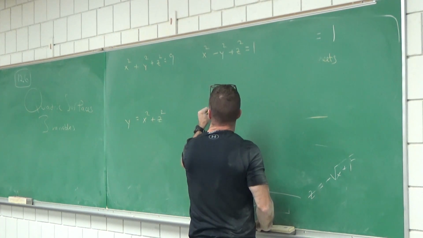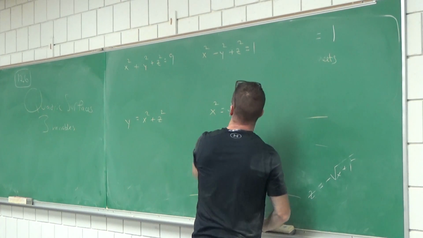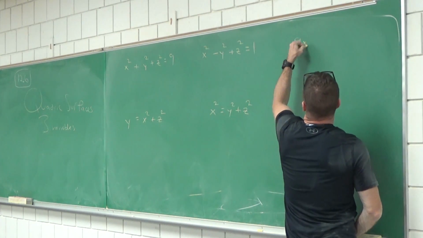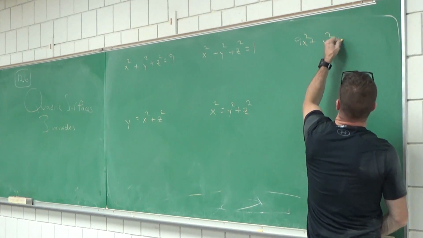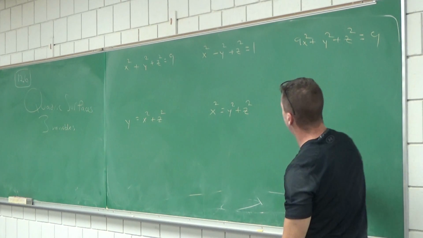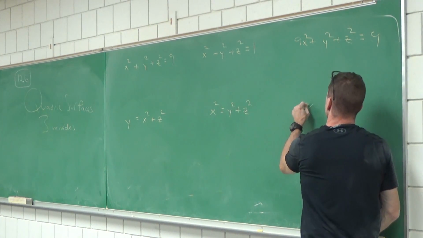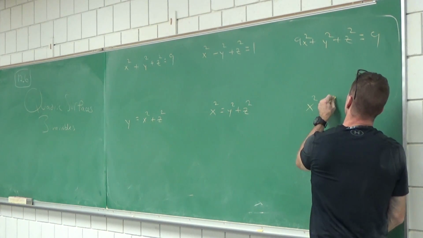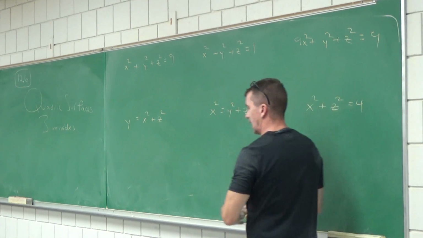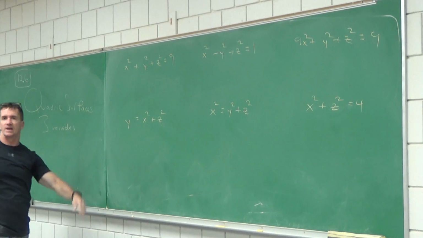How about x squared equals y squared plus z squared? How about 9x squared plus y squared plus z squared equals 9? I'll throw this one in the mix. We can talk about it, and I can make a little sloppy sketch, then we'll bolt out of here.